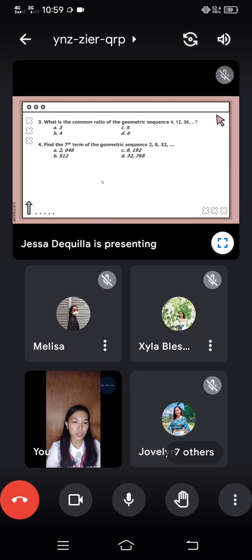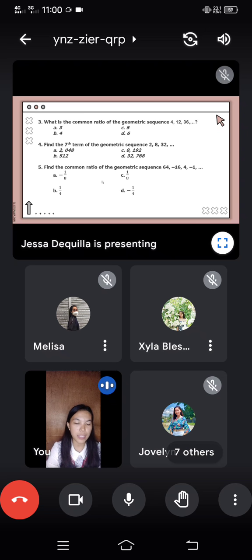A. 2048, B. 512, C. 8192, D. 32,768. Number 5. Find the common ratio of the geometric sequence 64, negative 16, 4, negative 1, and so on. A. negative 1/8, B. 1/4, C. 1/8, D. negative 1/4. Okay, done. You can now send your answer.